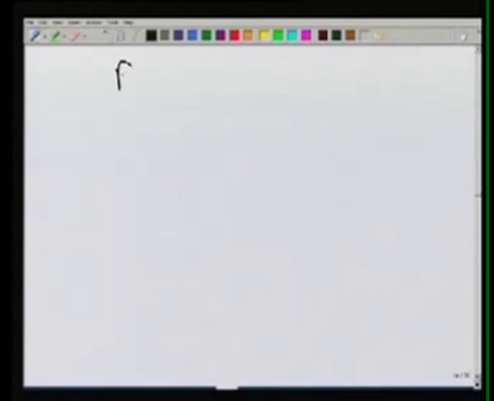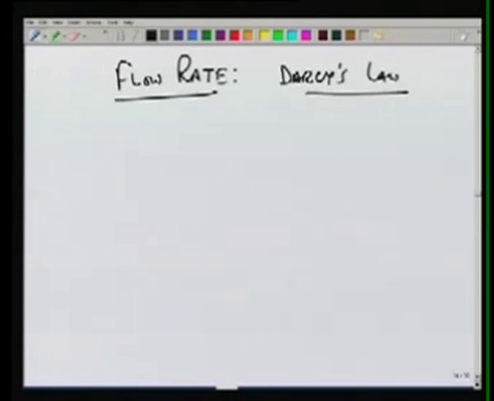If we want to find out the flow rate, we can use Darcy's law, which gives us Q equal to Ki. I in this case is del H by del X, because we are considering one-dimensional flow, which is simply H1 minus H2 over L.